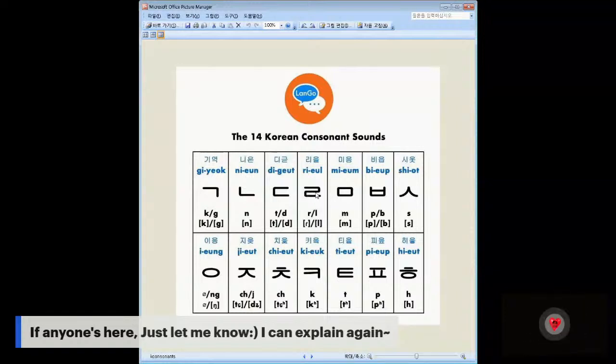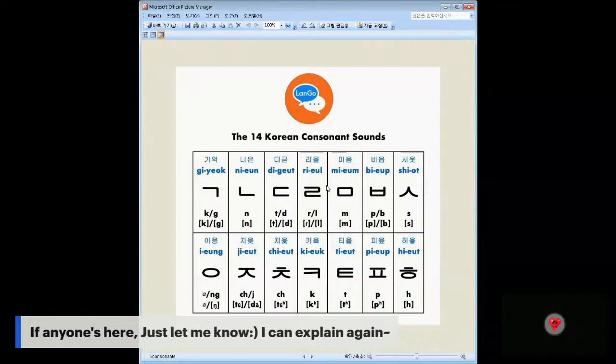If I read this English romanization, I have to use a lot of muscle. I can feel a lot of tension in my mouth, and I can feel my tongue is rolled, but we don't really roll our tongue. It's more flat, very softer and relaxed, almost not rolling your tongue.